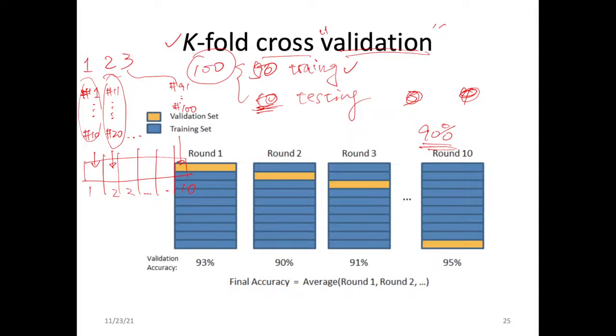And every time a certain instance is in the training data, it will not be in the test data. So we don't have the issue of picking the answer. So that's cross-validation.